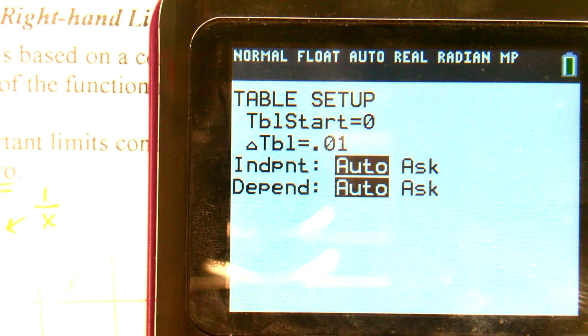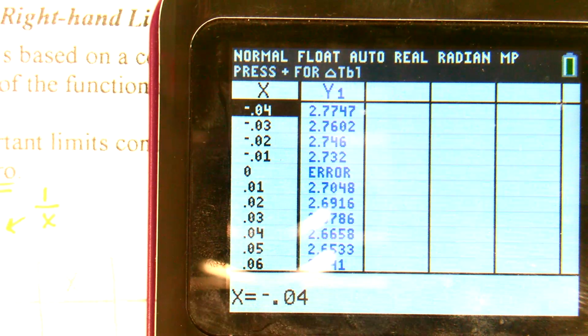And then if I go back into my table, so second graph button, now notice that 0 has an error, which we saw the hole at 0, didn't we? So it should be an error there. But, okay, can you see a little bit better from either side? And if you arrow up, you can see the negatives, which is why I just put 0. Because can we see from both sides now? I can see from both sides.